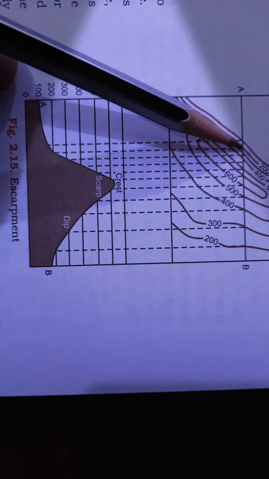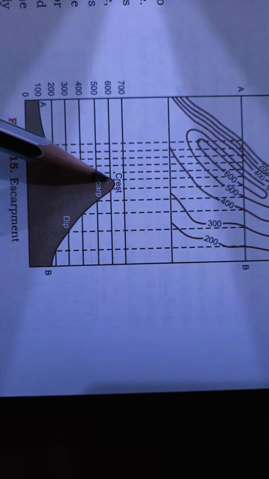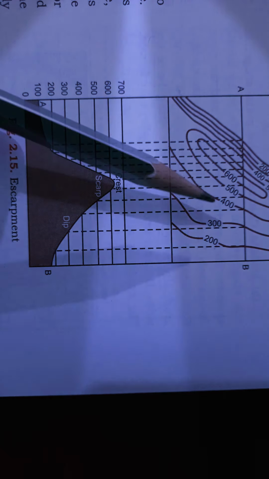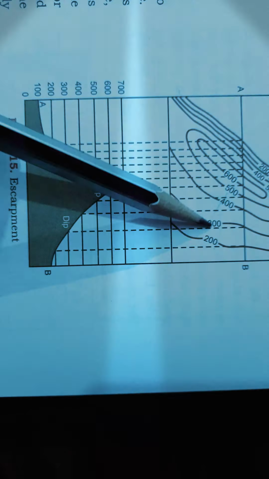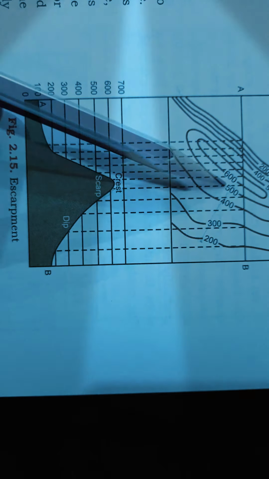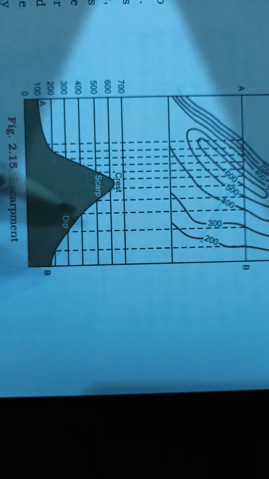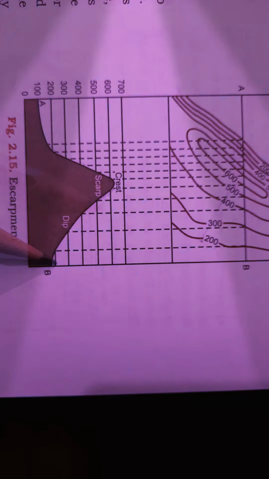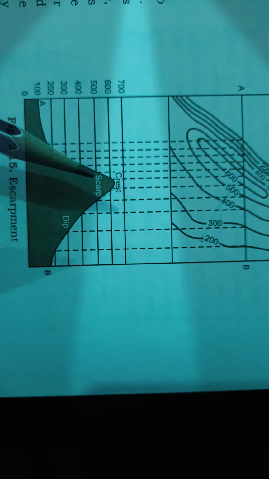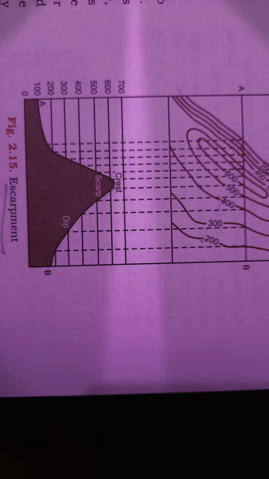Where the contours are very close, the slope is very steep. On one side it is a steep slope of the landscape, and on the other side the contours are widely spaced, so the slope is gentle. So one side is steeper, the other side gentle. Such a feature is called an escarpment.